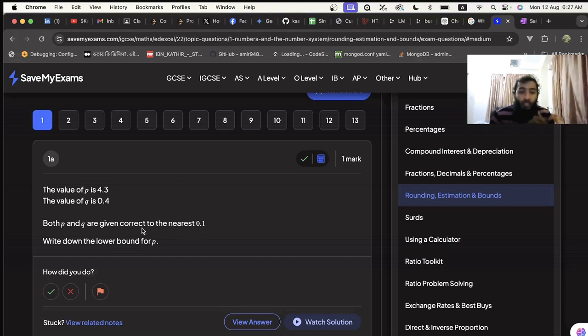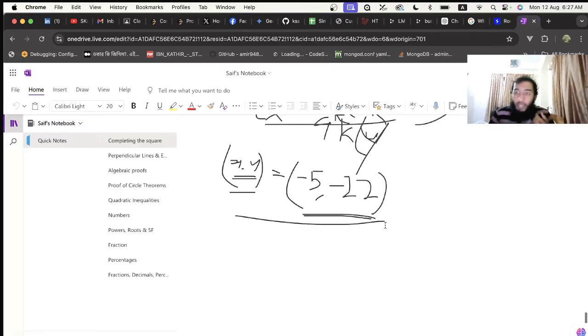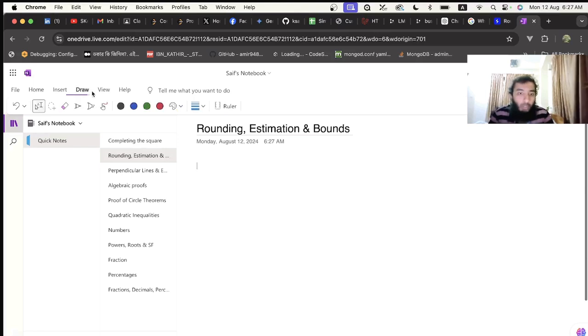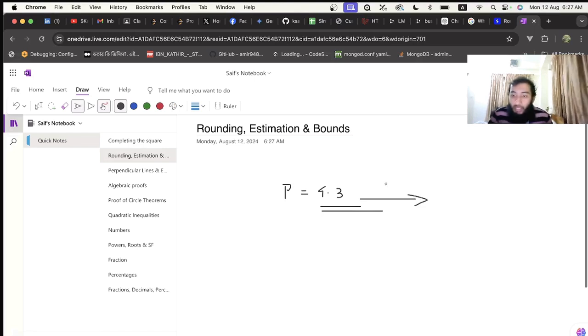So what does correct to the nearest 0.1 mean? Let me use my notepad and my pen tool. The value of P is 4.3. So what is 4.3 rounded to the nearest 0.1?